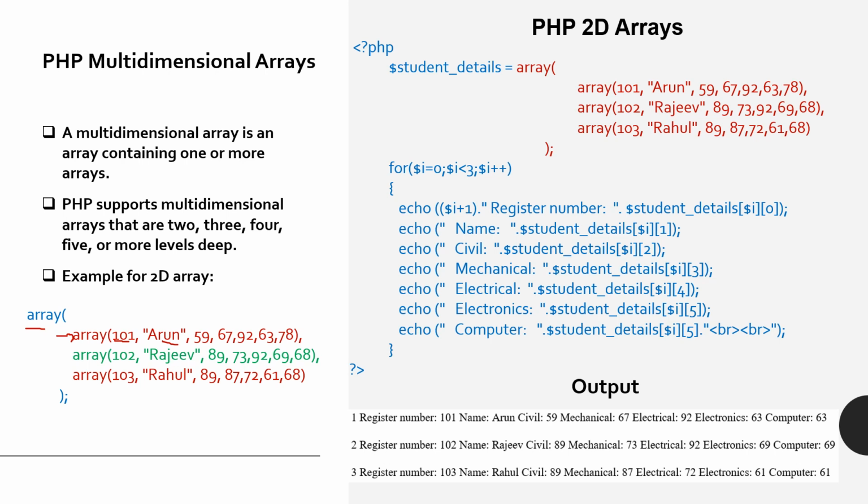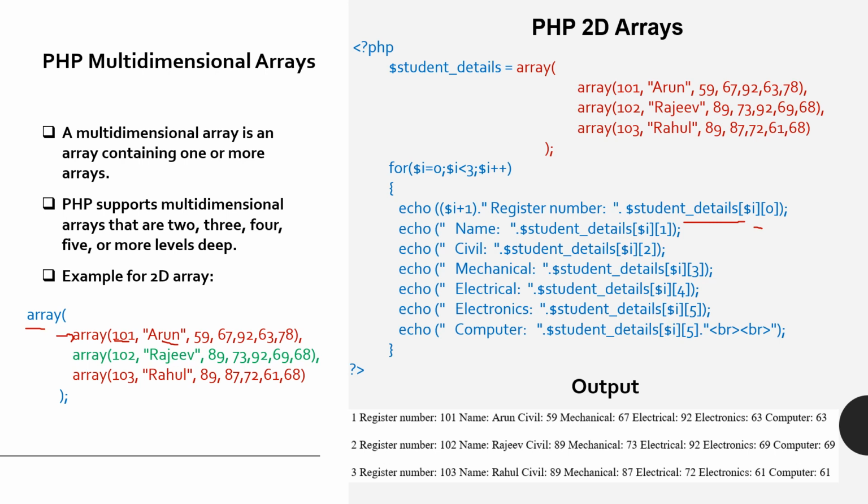How we can access these elements? That can be accessed like array name, then this index, row, column. Row in the sense number of arrays, array 1, array 2, like that. Column in the sense for particular corresponding values.